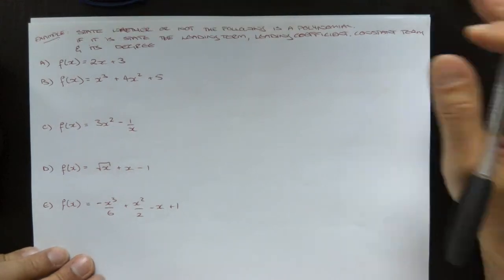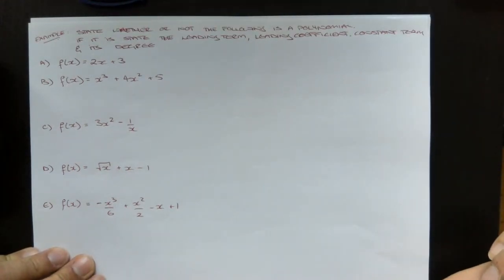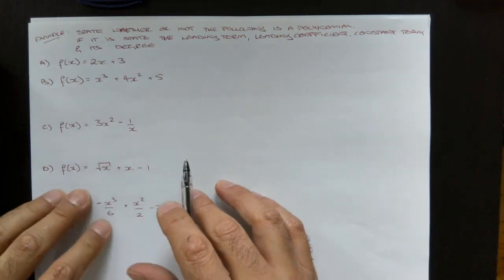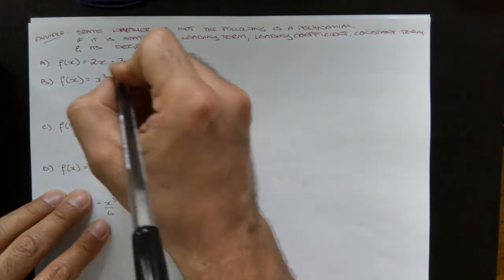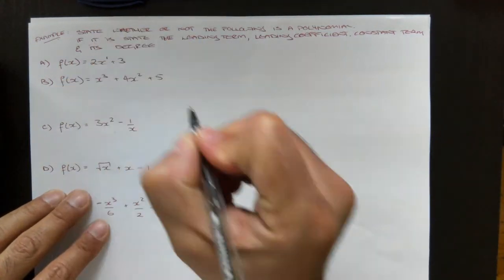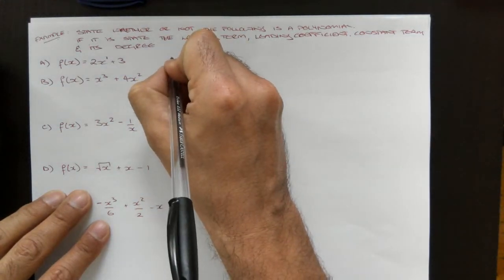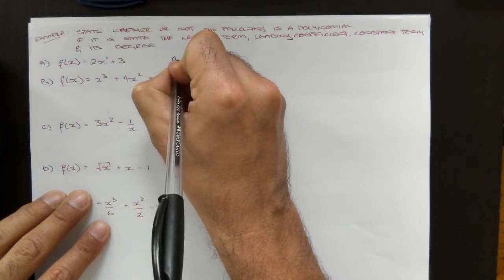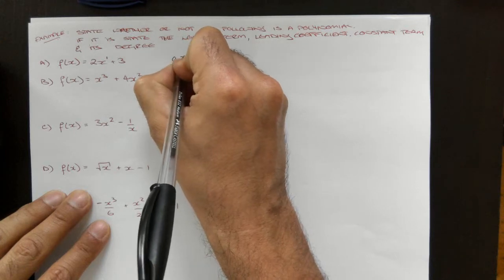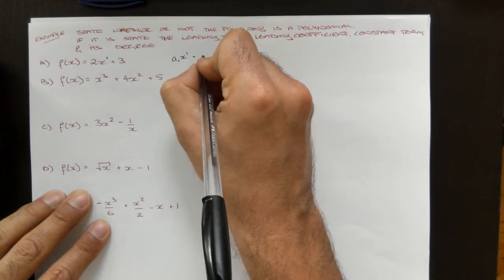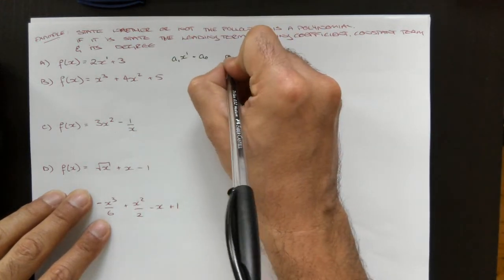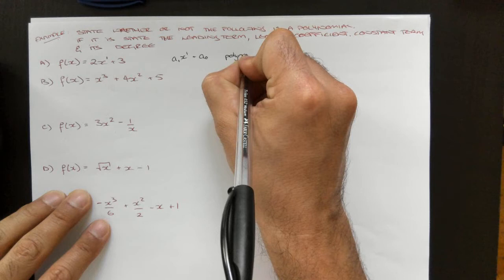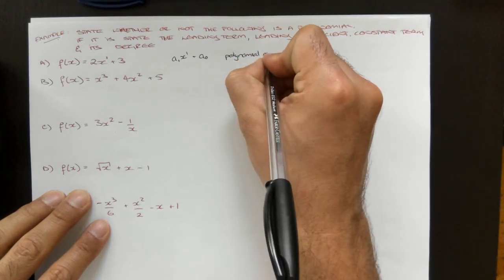Some examples. We want to state whether or not the following is a polynomial, and if it is, we're going to state the leading term, the leading coefficient, the constant term, and its degree. So we've got f of x equals 2x plus 3. Well, that's in the form of a_1 x to the power of 1 plus a_0. So this is a polynomial of degree 1.